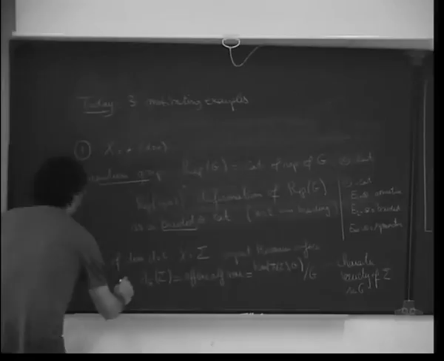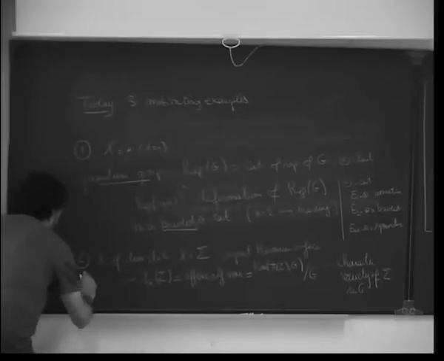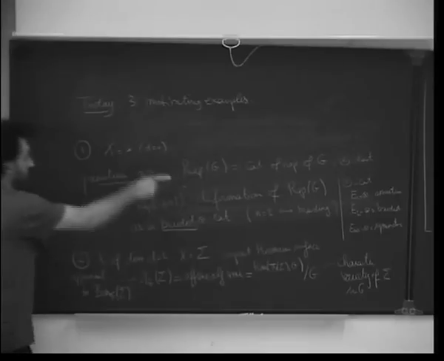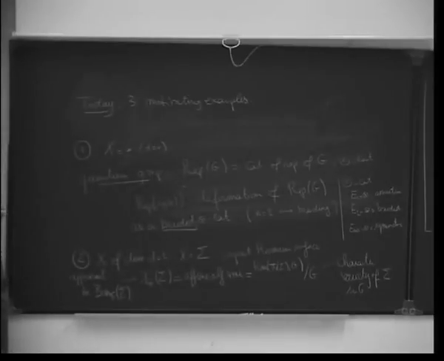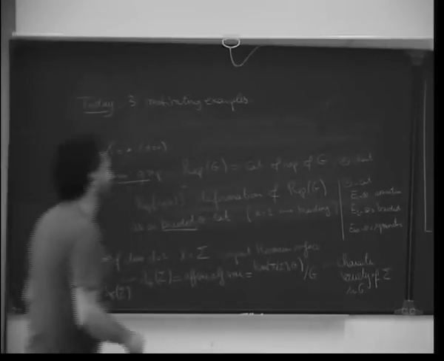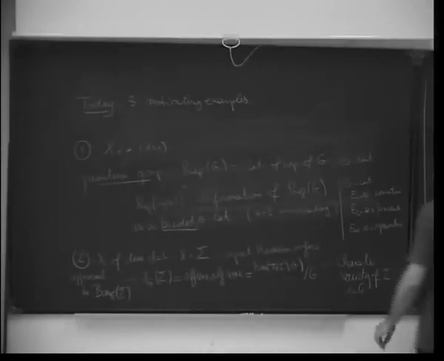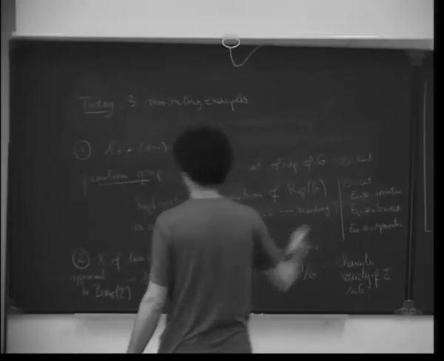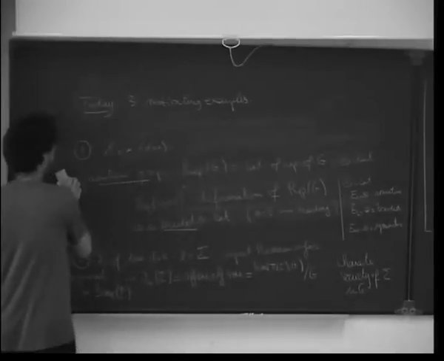So that's an approximation to this Bun G of sigma that appears in the theorem. So I want to keep this. So let me erase here.